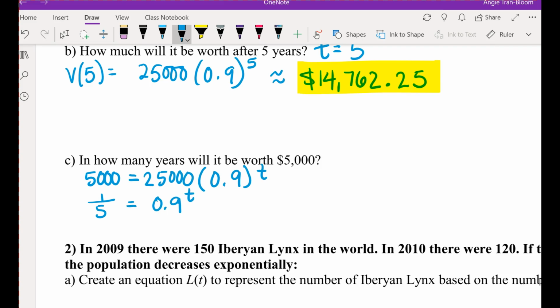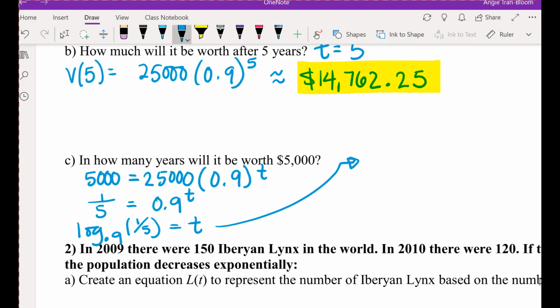Now, we are still solving for what again? T. How do we solve for time from here? You're going to hit it with a log. Natural log or just log? Just log. Log base what? Log base 0.9 of 1/5 equals t.